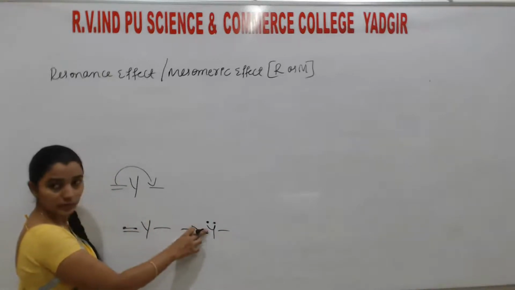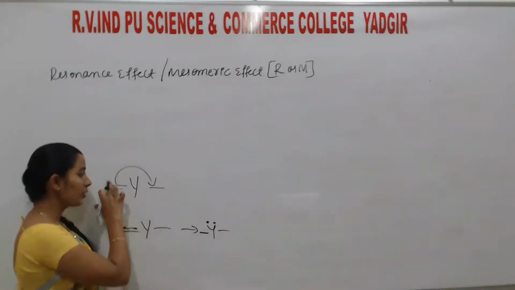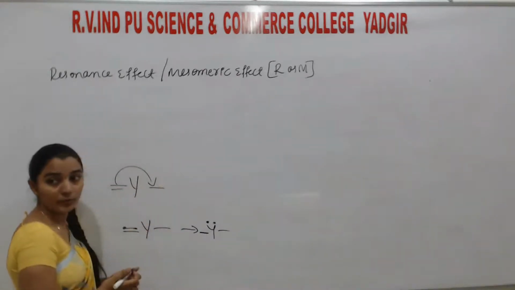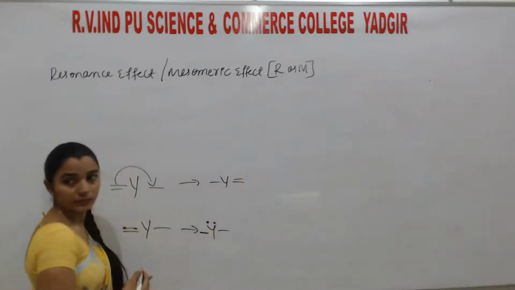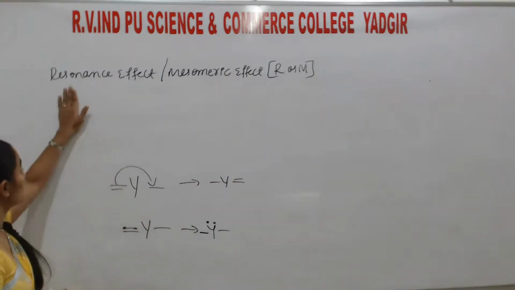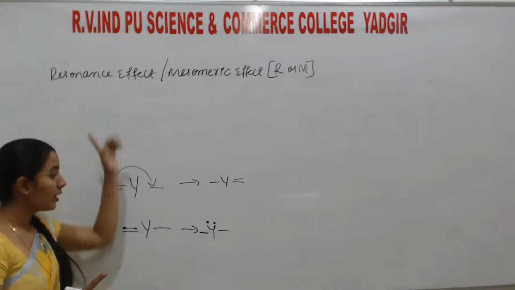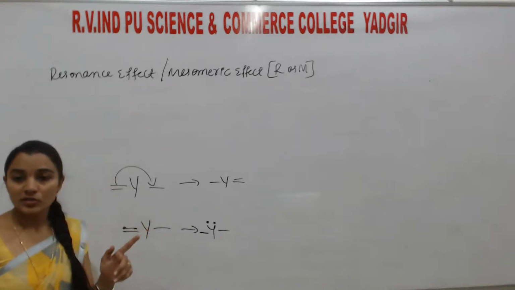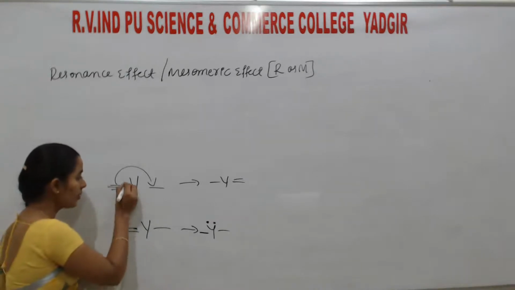What I explained before, electron, electron. Now this pi bond electron is shifted to another bond position. So it causes like this. Only the bond position varies. So this effect is exhibited by the delocalization of pi bond electrons.